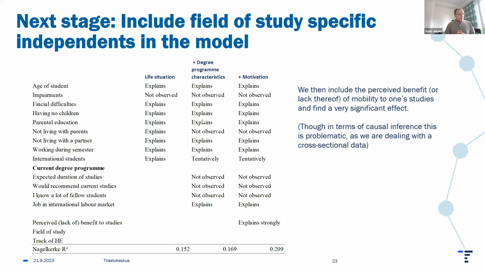This, I would argue, is the primary measure in the EUROSTUDENT dataset that might be able to capture the core reasons behind this variance.